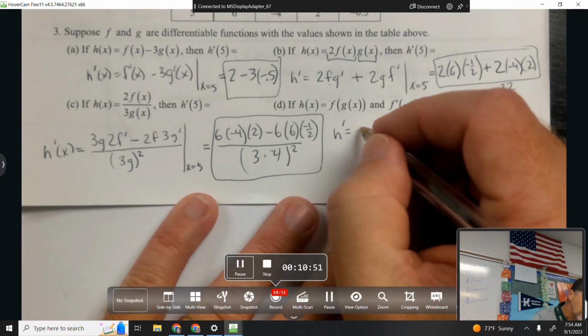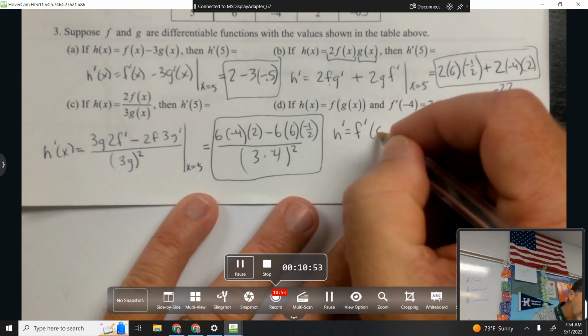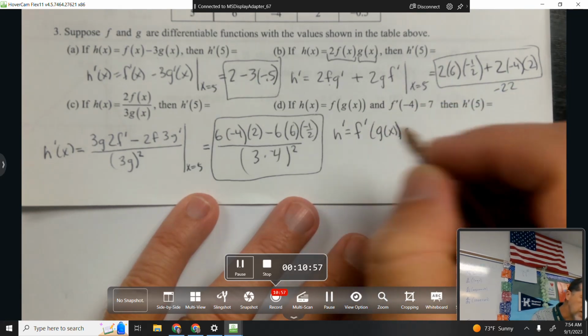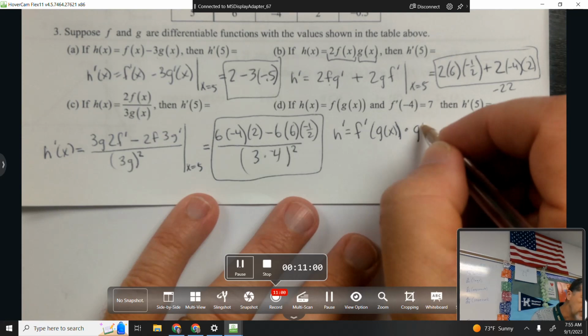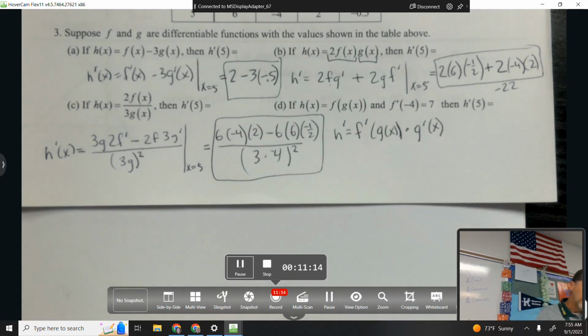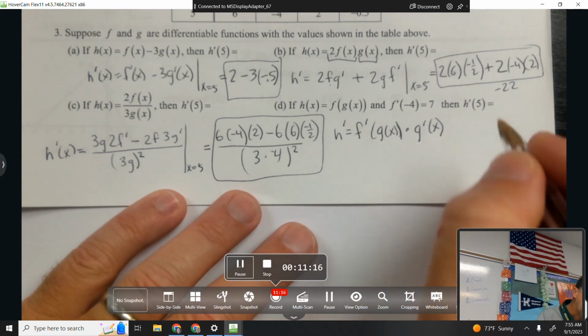So first the derivative of f, leave g alone, times, now we work our way in, the derivative of g, leave x alone. And then you can't go one more because the derivative of x is 1. So if you really want to chain rule it all the way down, you could have a times 1 at the end of there.